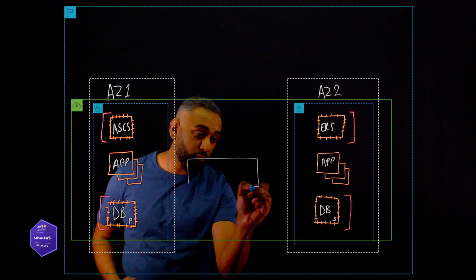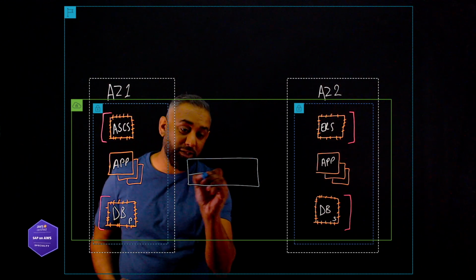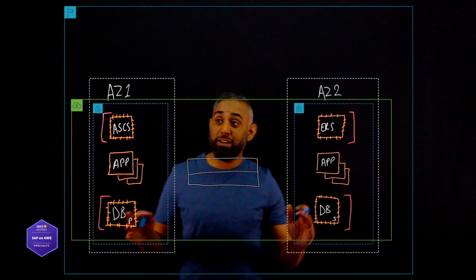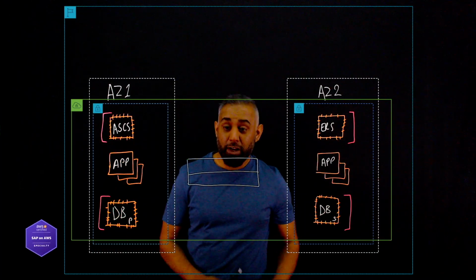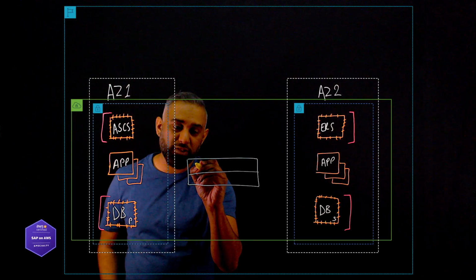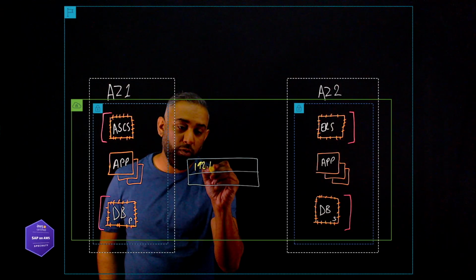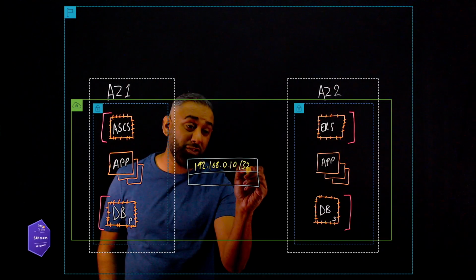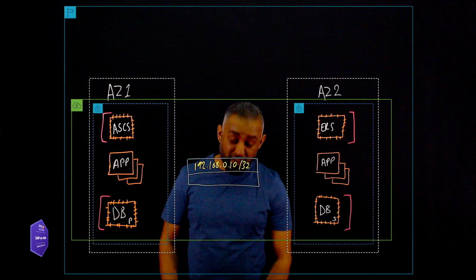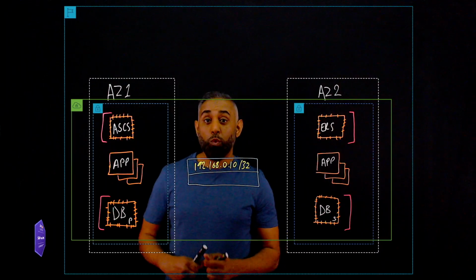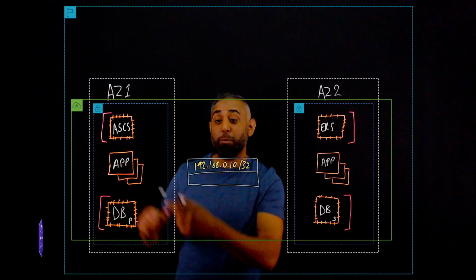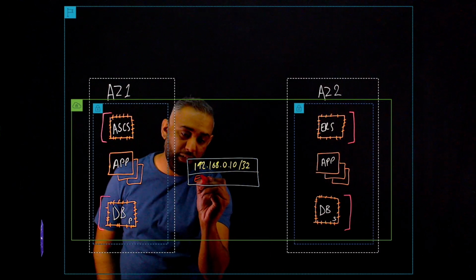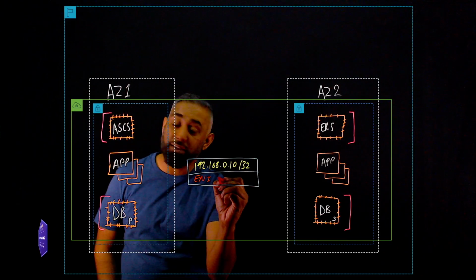The purpose of this route table is that it can span across the AZs and across the subnets. I'm going to add my overlay IP address in, 192.168.0.10/32. So it's a single IP address. And the target for this route table will be the Elastic Network Interface for the ABAP Central Services, so ENI for AZ1.